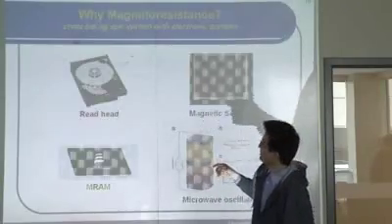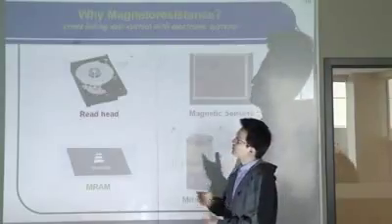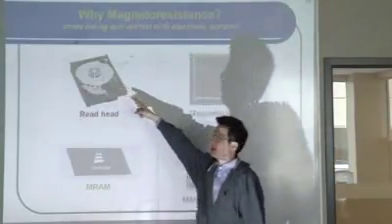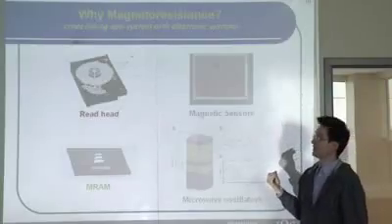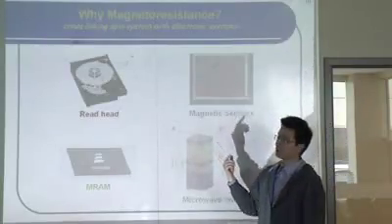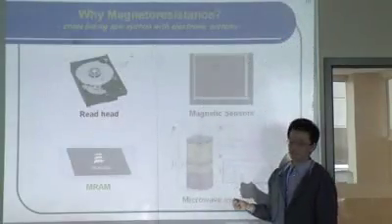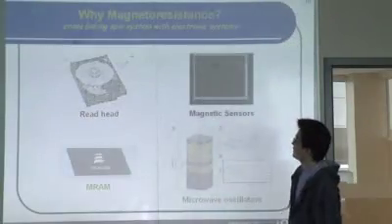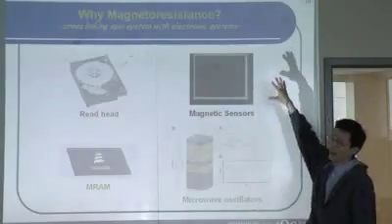The first best example is probably a hard drive. In every hard drive, you have a very sensitive read head that is made out of such magnetoresistance devices, and it can be used to read out the information encoded on the flying disk.